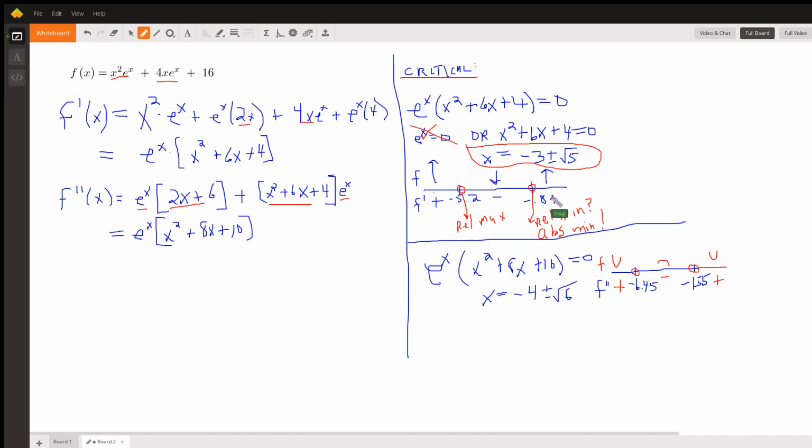Also, I'll make note of the fact that after you've got these critical numbers, you could use the second derivative test instead of drawing this little diagram to determine whether these are maxes or mins. That means plugging the critical numbers into the second derivative and using the sign that is generated to determine whether we've got a max or a min at those points.